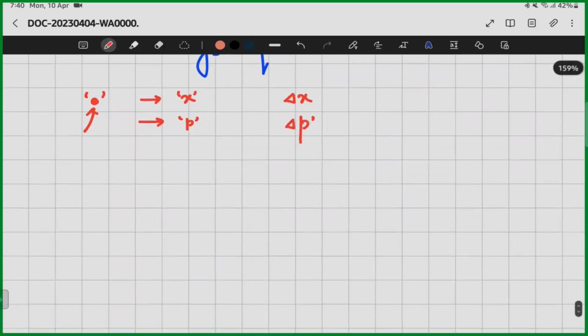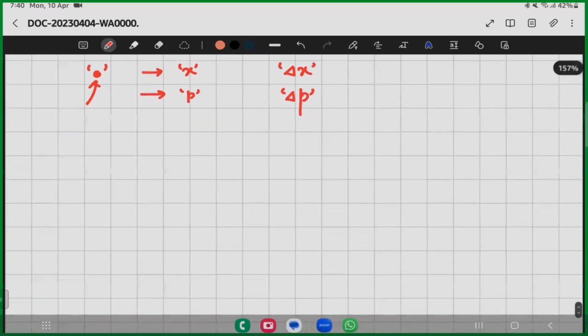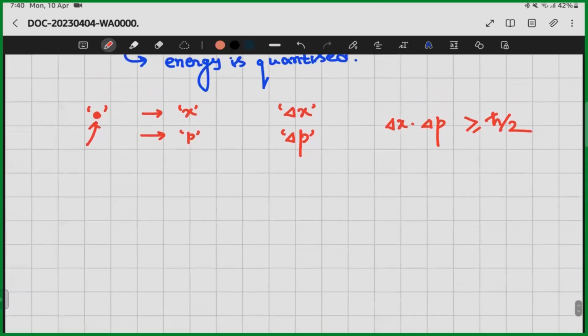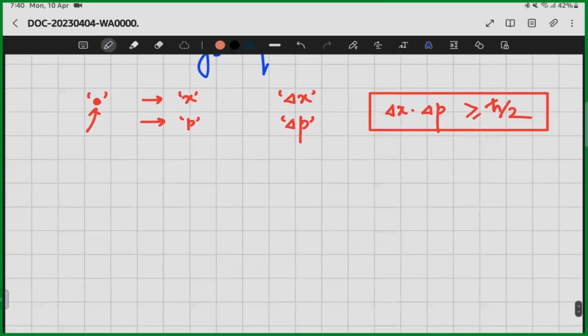Similarly, in the case of momentum, there is also an uncertainty in momentum. That is the del p. But Heisenberg's uncertainty says that for a quantum mechanical particle, this would be h cross by 2. What is h cross? H cross is h by 2 pi.